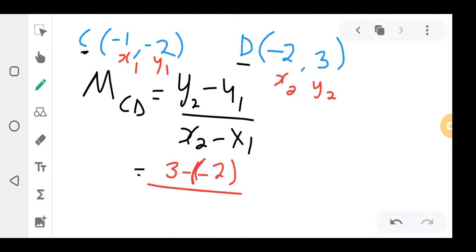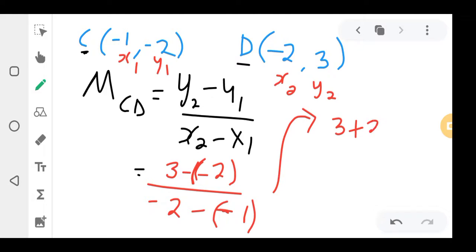Over what is my x2? -2, minus my x1, which is -1, so again there are two negatives, separated by a bracket. I'll solve it this side because of space. Those two negatives form a plus, so it's 3 plus 2, which is 5, over -2 plus 1, which is -1.